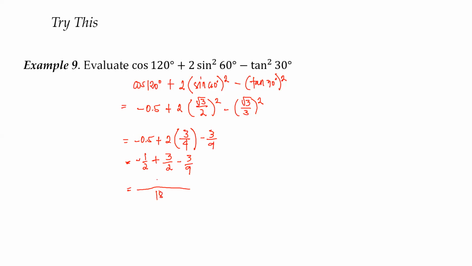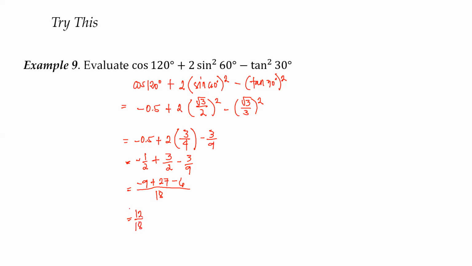So 18 divided by 2 is 9. So that's negative 9 plus 9 times 3, that's 27, and then minus 6. So this is equal to negative 9 plus 27 minus 6, which is equal to 12 over 18.